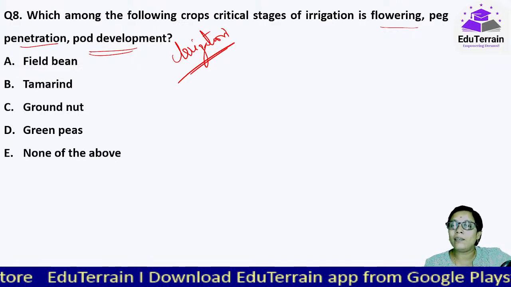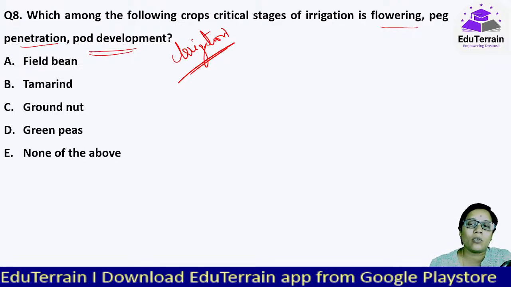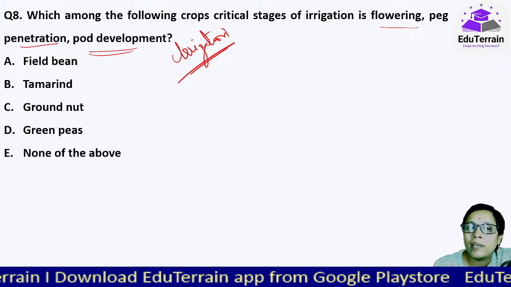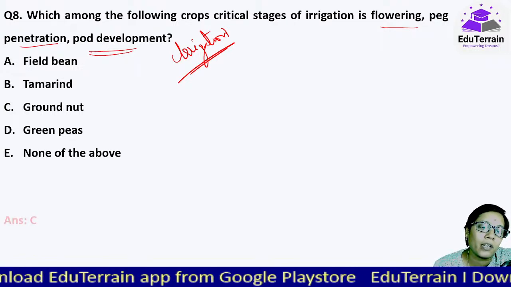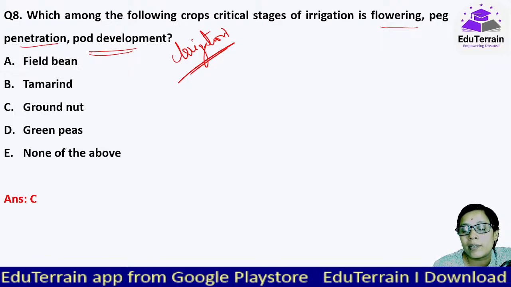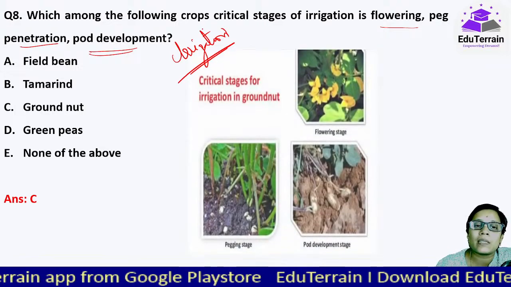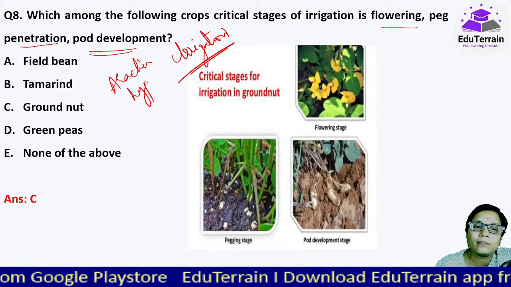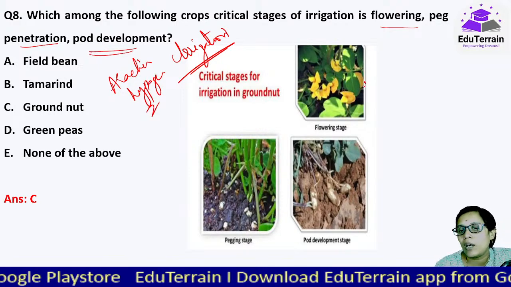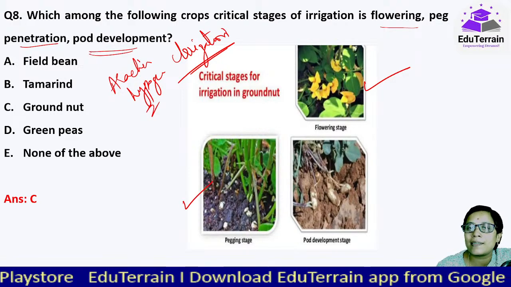Okay. So here, as I've said, every crop has its own stages. Here, flowering, peg penetration and pod development are the critical stages of irrigation for groundnut, Arachis hypogaea. The scientific name of groundnut is Arachis hypogaea. See, flowering stage, pegging stage.